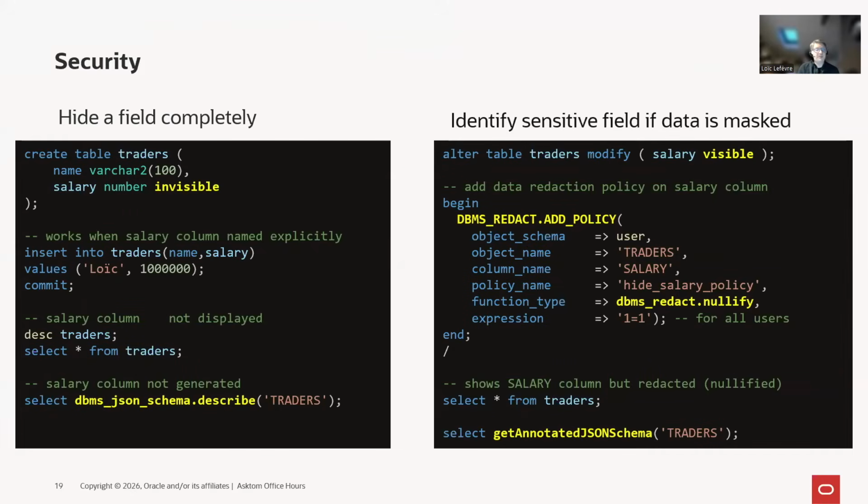So here, a very simple one, but one that can control, given the context of the user connected to the database, what happens to the data within a column, like here, setting it to null. So if you do that, whenever you do a select star from the table, every salary will be a null value, while the stored, persisted values are still on disk.